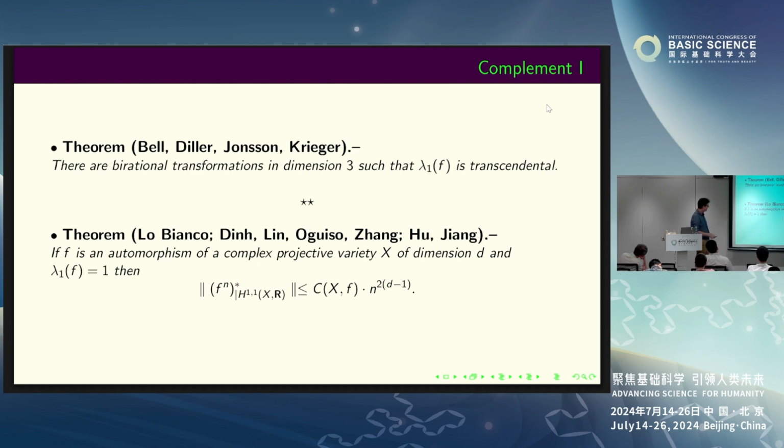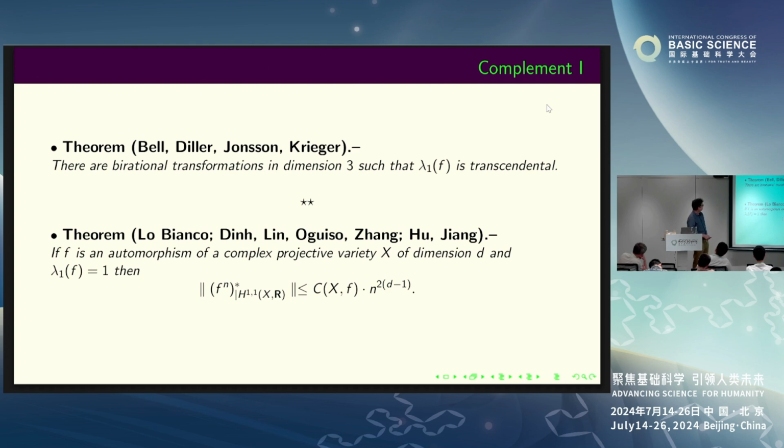Or another way to phrase it, you look at the norm of the nth iterate on H^{1,1}, how does it grow? A priori, it could grow like n to the dimension of H^{1,1}. And the dimension of H^{1,1} can be arbitrarily big, even if you fix the dimension of the variety. And the result is that it depends only on the dimension of the variety. It does not depend on the complexity of the homology. What is behind that is really the Hodge index theorem, but used in a clever way.